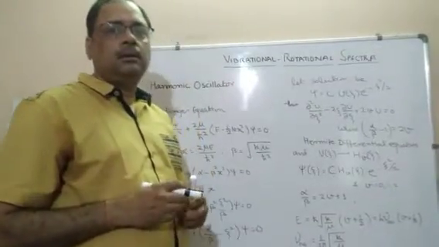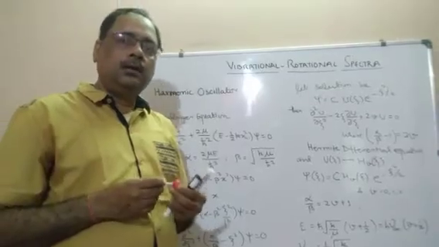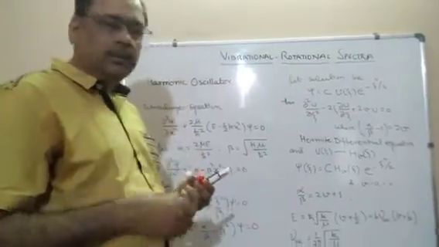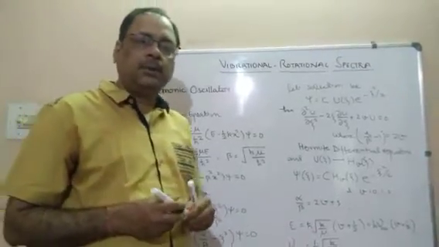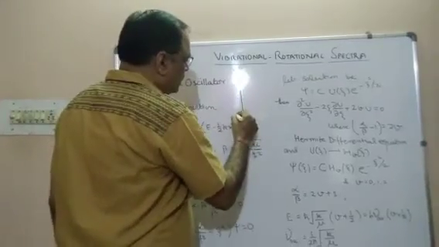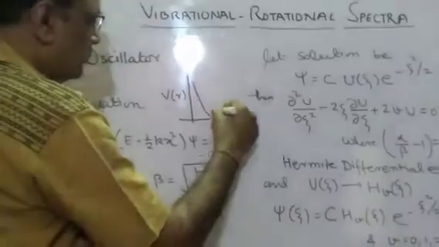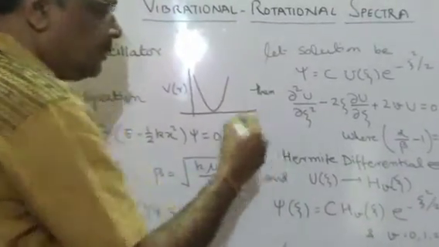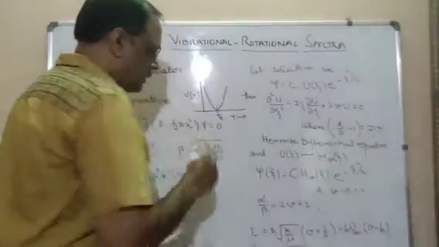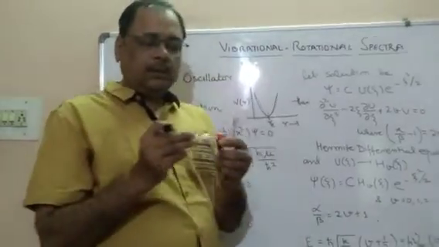If we take a diatomic molecule and a very simple example of harmonic oscillation, we first take the shape of the potential. We know that this shape is parabolic. This is the internuclear separation, and this is the equilibrium internuclear separation R_e, and they vibrate.